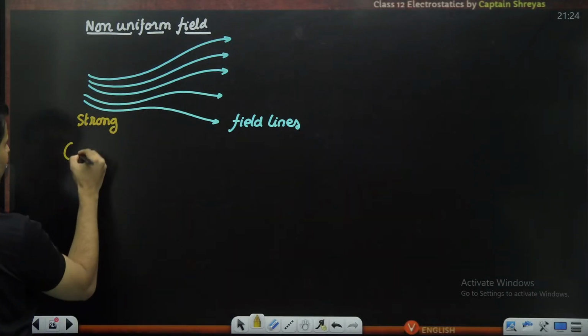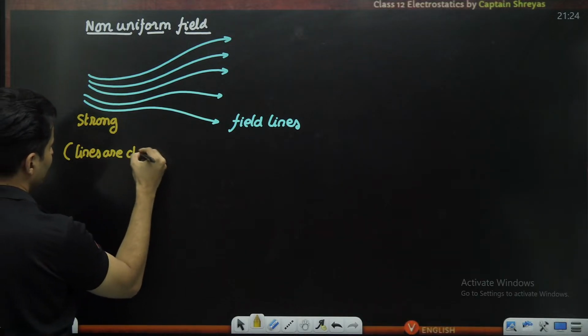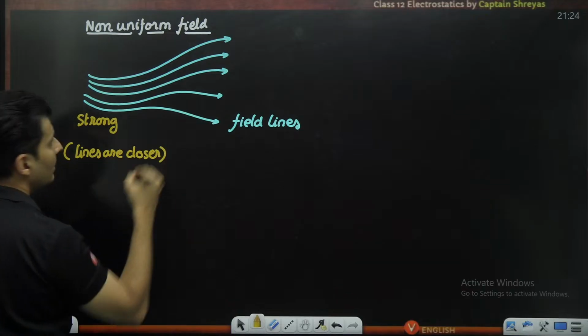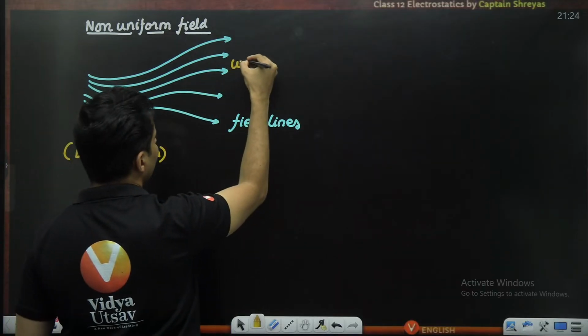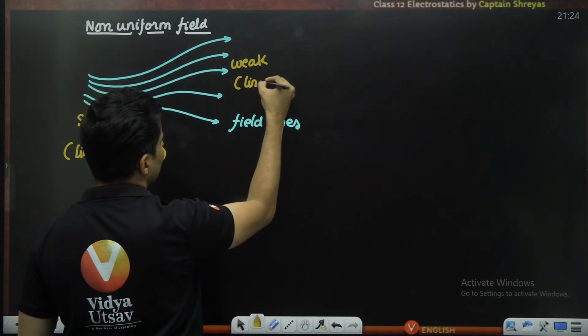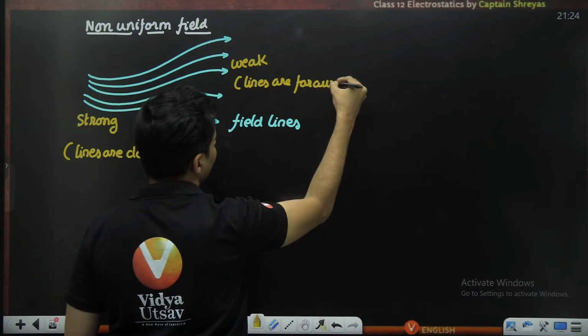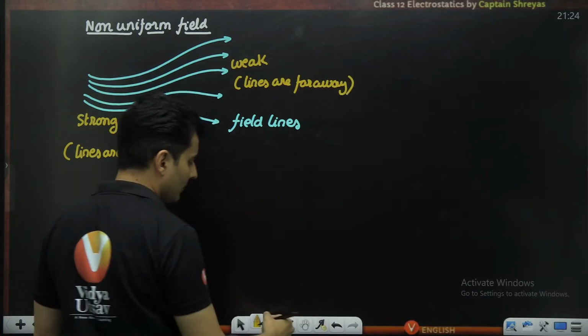The reason for that is the lines are closer. Whereas here, the field is going to be weak because the lines are far away from each other.